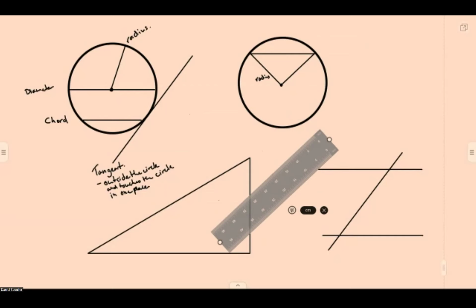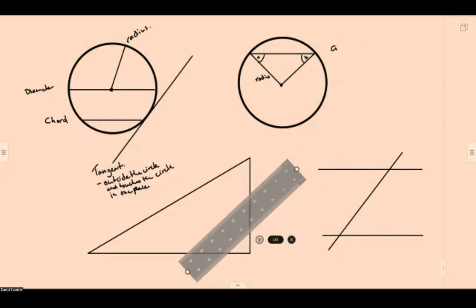Okay, so if I've got a chord that goes from edge to edge, and I know where the centre of the circle is, I can bring a line from the centre to touch where the chord meets the edge of the circle at both points. Now that's important because that allows me to say that that angle in there, let's call it A, will equal that angle in here.